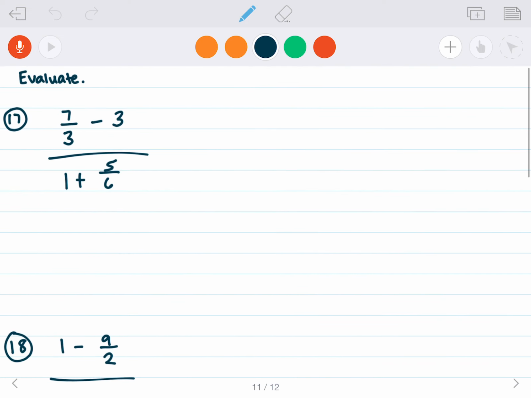All right, let's do 2 more. So evaluate. We want to simplify this fully. Again, we're thinking of the numerator and denominator as their own little groups. So first thing on the numerator, 7/3 minus 3/1. Well, the common denominator I can get is 3.